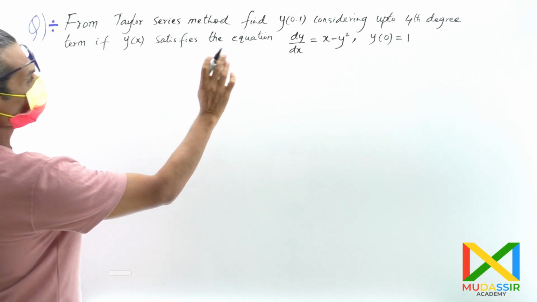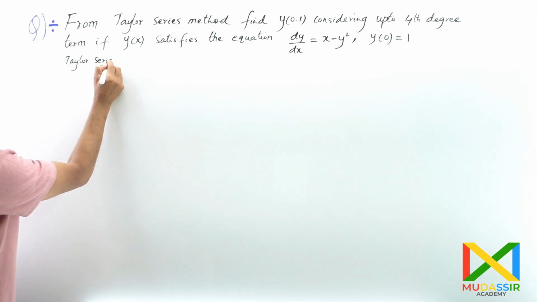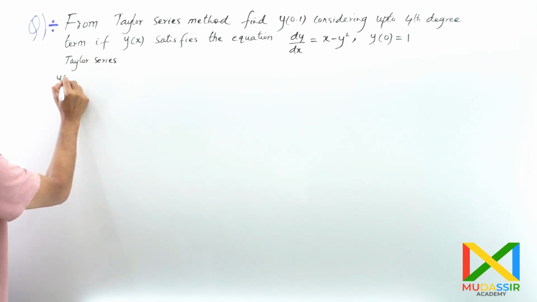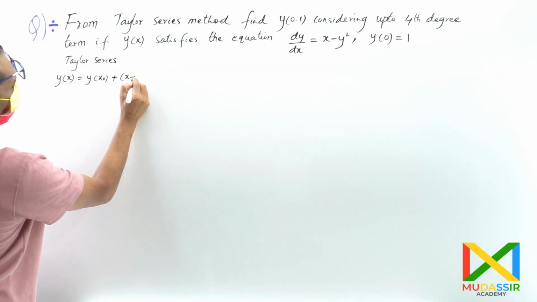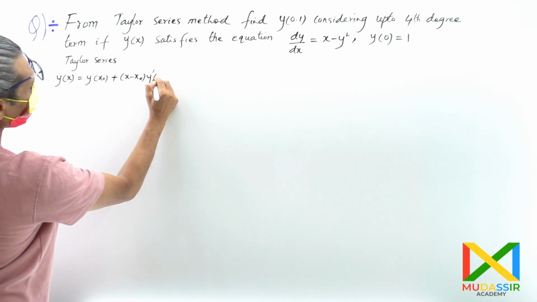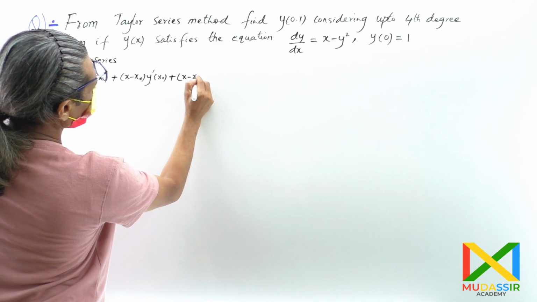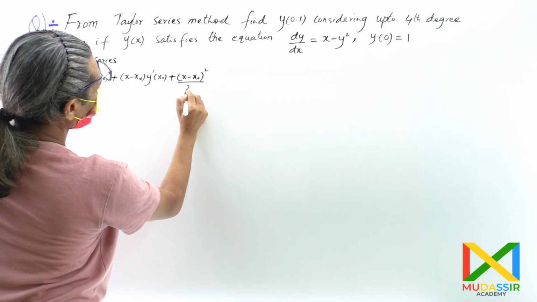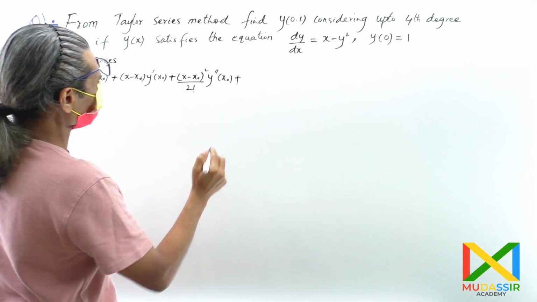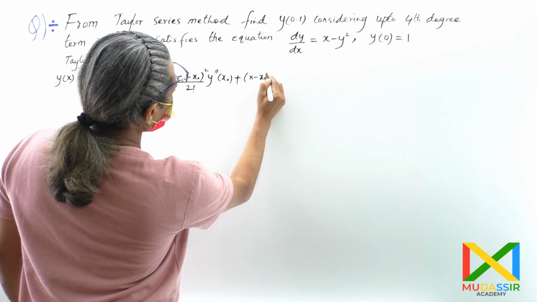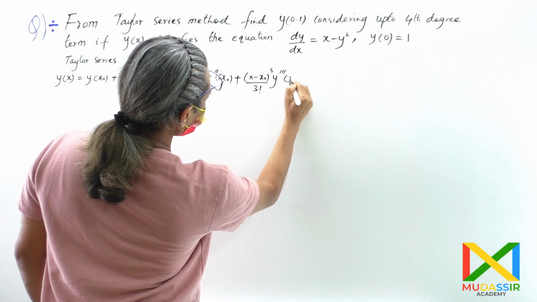Now the Taylor series is, I write the series here: y of x is equal to y of x naught plus x minus x naught into y dash of x naught, that is the first differentiation, plus x minus x naught the whole square over 2 factorial into y double dash of x naught, plus x minus x naught the whole cube by 3 factorial into y triple dash of x naught.